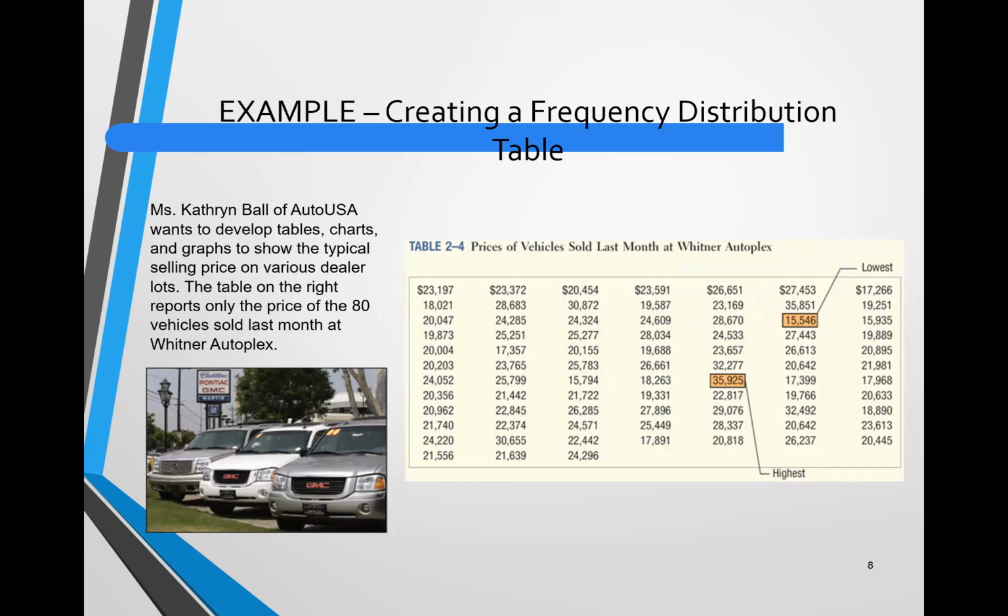You cannot go beyond this value. Like you cannot start your first class from 16,000 or 15,547. If you do this, you have to miss this observation. You cannot count this observation into first class.